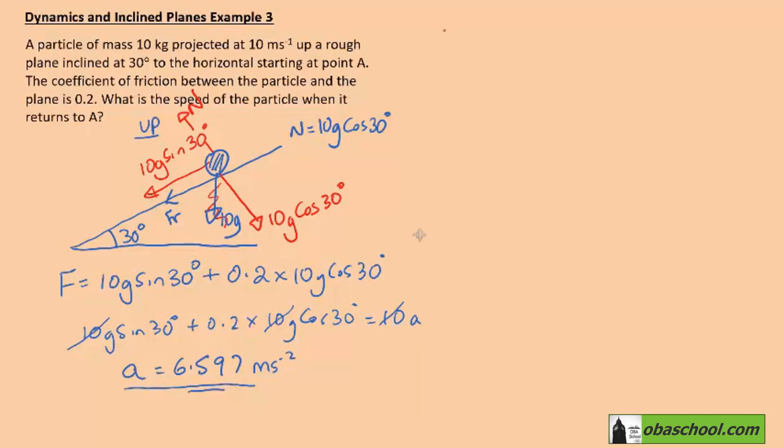So what we can do now is work out how far up the plane it goes. Remember, that's going to be slowing us down, so it's negative 6.597, and v is going to be 0 when it gets as high as it goes. The initial speed u was 10, and we want to know s. So we've got v squared equals u squared plus 2as.